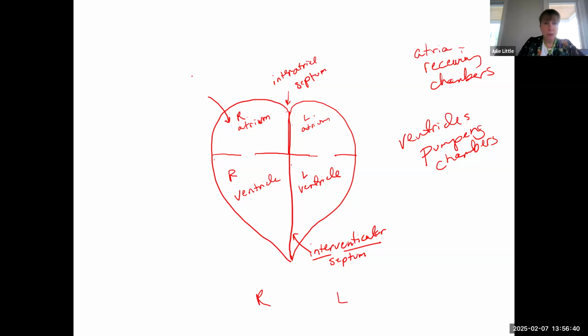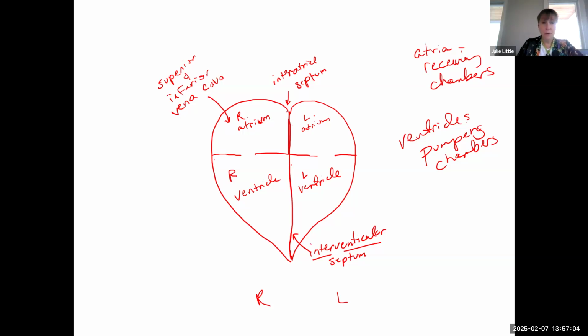And the blood that comes into the right atrium comes through the superior and inferior vena cava. Now, vena cava, that's plural. Nobody says it. The superior vena cava and the inferior vena cava. But if you are talking to your science friends, call them the vena cava.